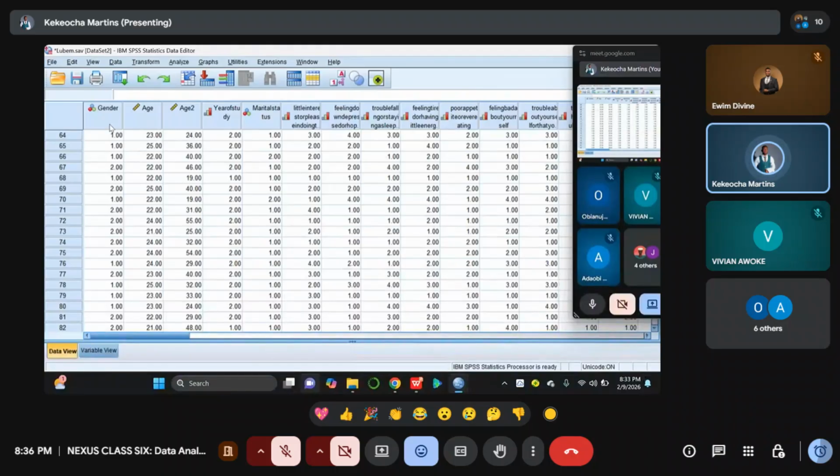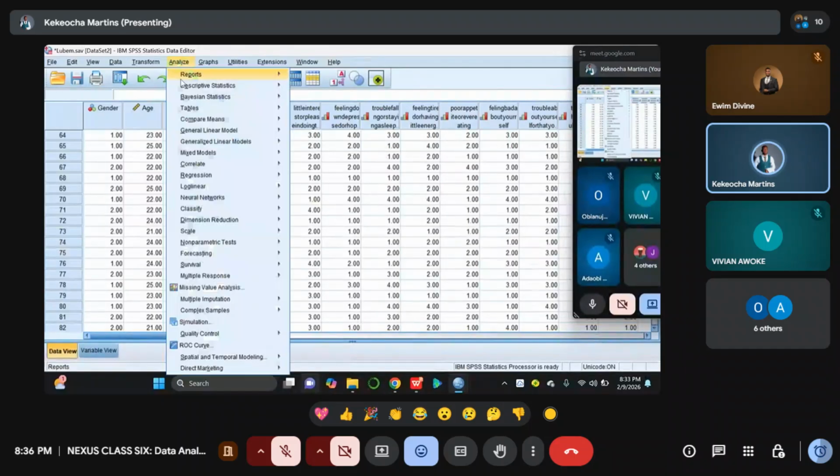We want to know if there is a difference between age. Now, our differentiating factor will be gender. The gender is either male or female. So we want to know if there is a difference between the average age of people that are males and average age of people that are females, because now there is a differentiating factor. So they are unpaired, they are independent of each other. Males are independent of females.